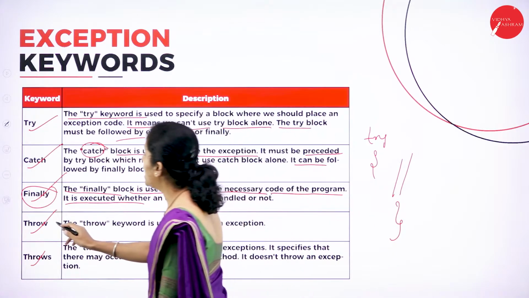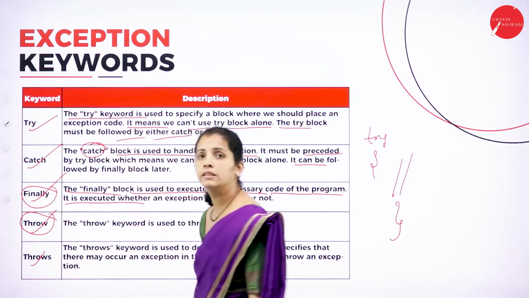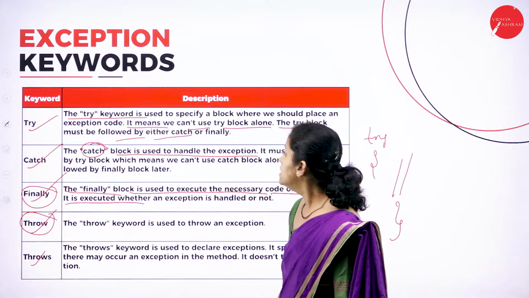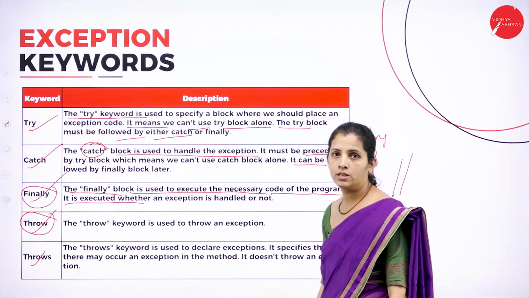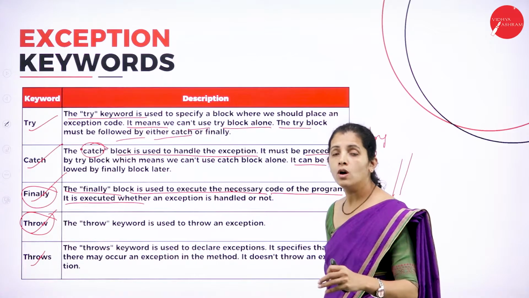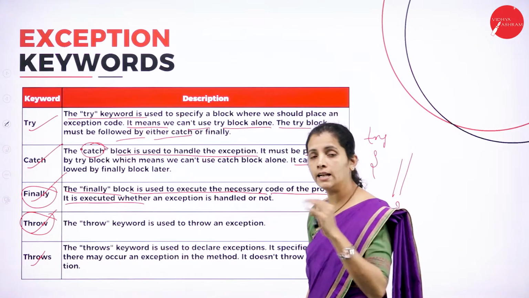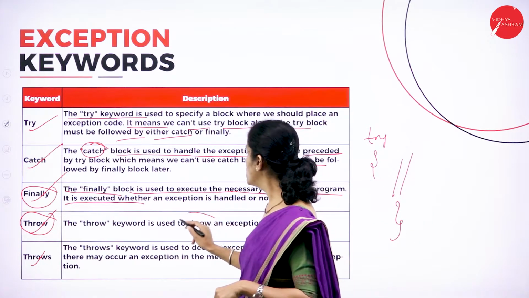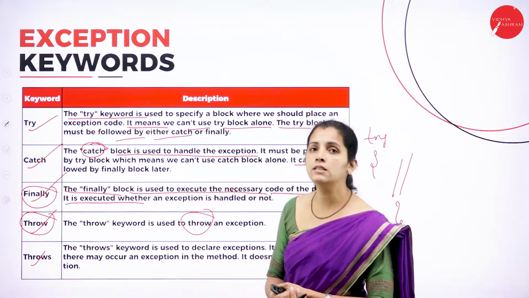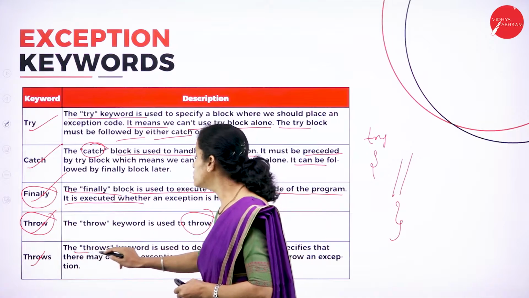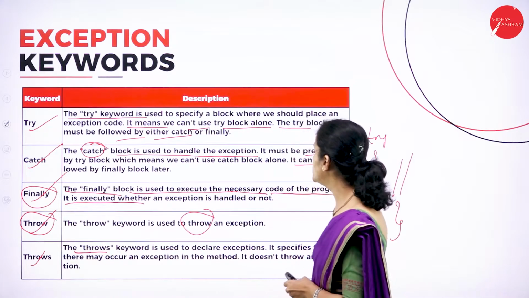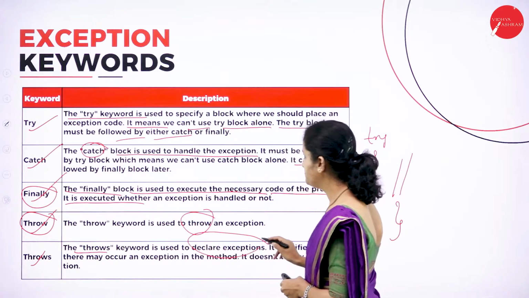Now my next keyword is throw. A throw keyword is used to throw an exception. Suppose I want to throw my own exception, at that time I use the throw keyword. And what is the need of throws? The throws keyword is used to declare an exception.